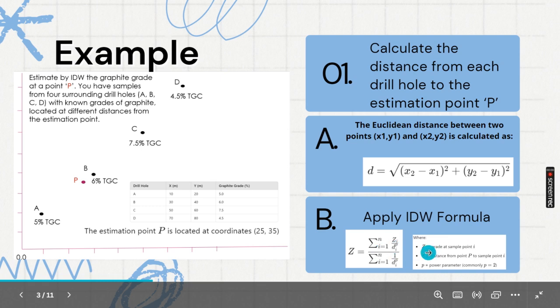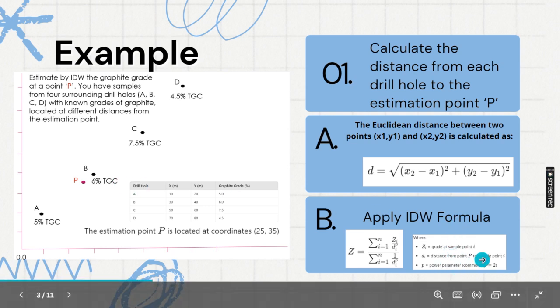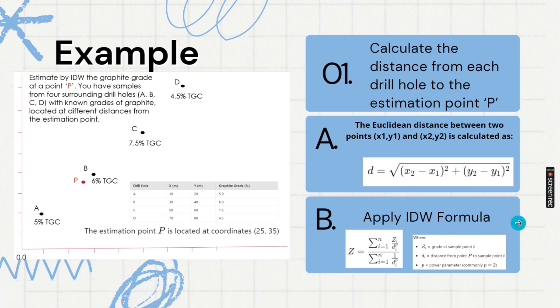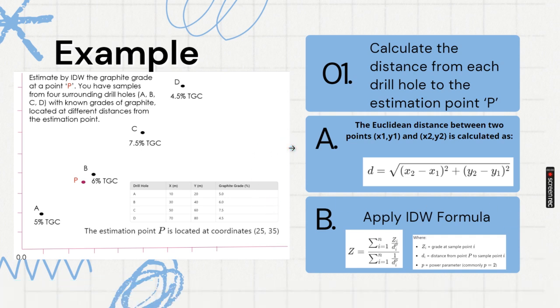This is the IDW formula, where Zi is the grade of samples at different points, like here 5% TGC, and in B 6% TGC. Di is the distance from point P to the sample points, and Di to the power p, p is the power parameter. In general 2 is used, power of 2 means square.